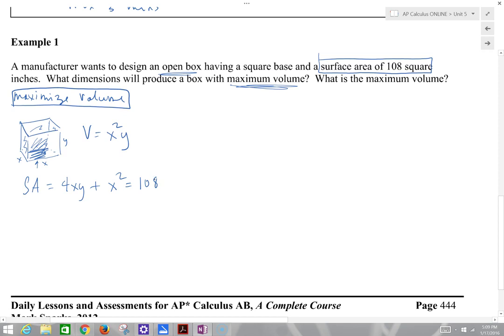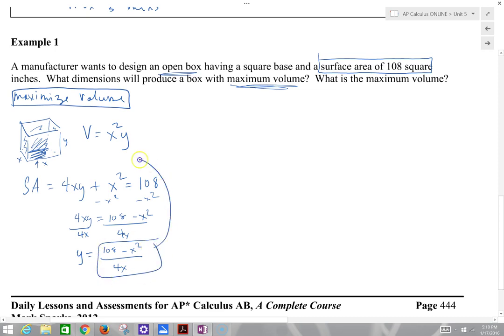So we need to either solve for x or solve for y and plug it in the other equation. So let's solve for y. Divide by 4x. So we have y equals 108 minus x squared over 4x.